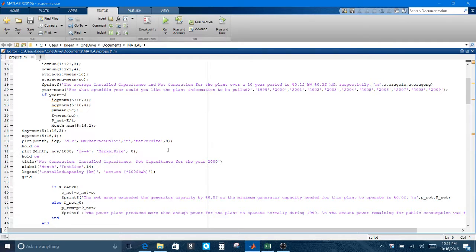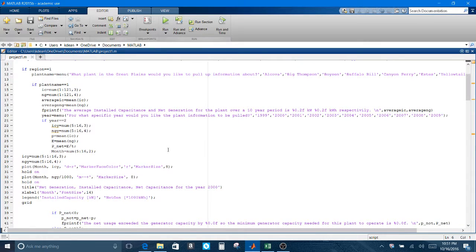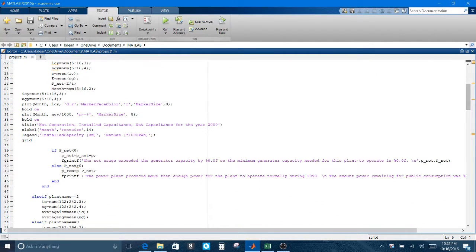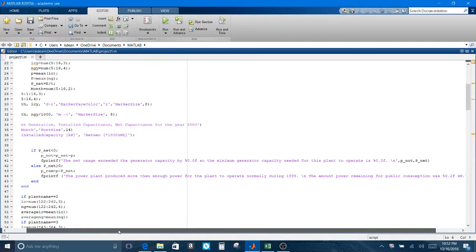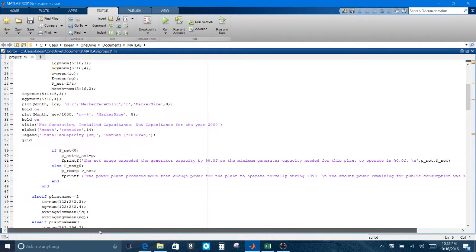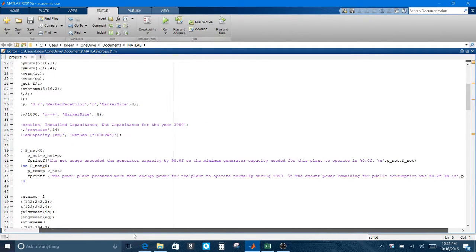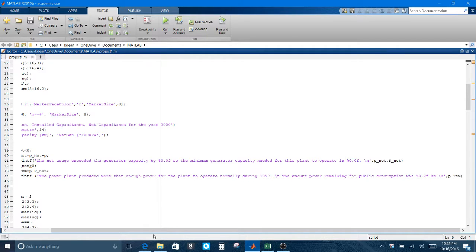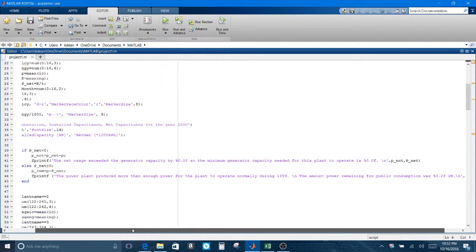So what our code does in this case is it'll either tell you that the net usage exceeded the generator capacity and by how much, or that the power plant produced more than enough power and this amount of power was left for public consumption.